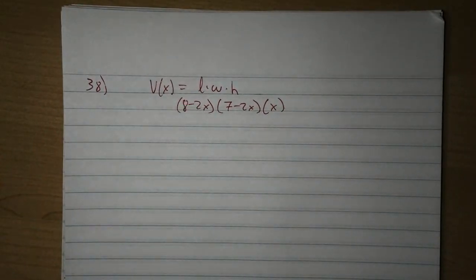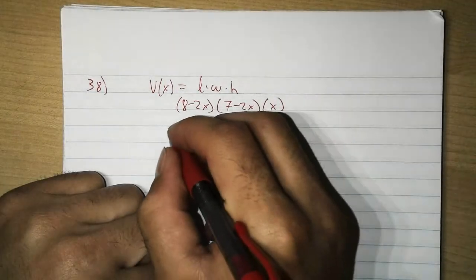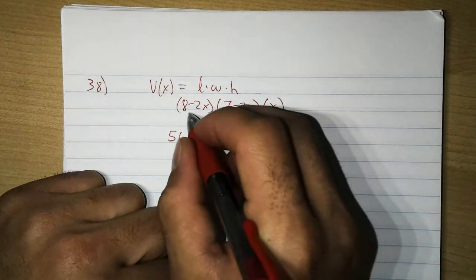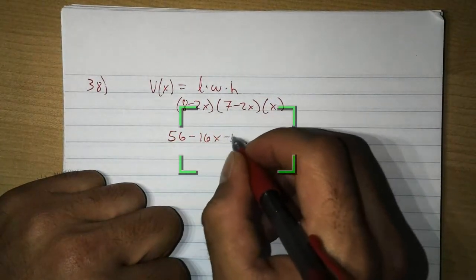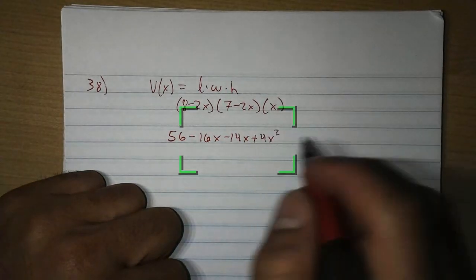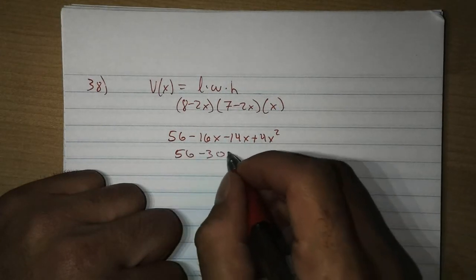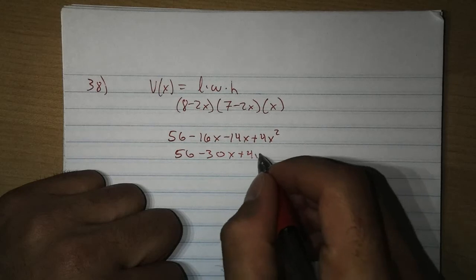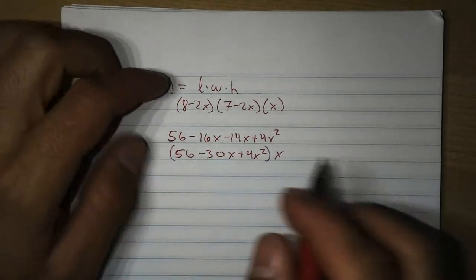Okay. Now let's just distribute. 8 times 7 is 56. 8 times negative 2 is negative 16x, minus 14x, plus 4x squared. Combine these. This whole thing is multiplied by x, so I'm multiplying right in standard form.